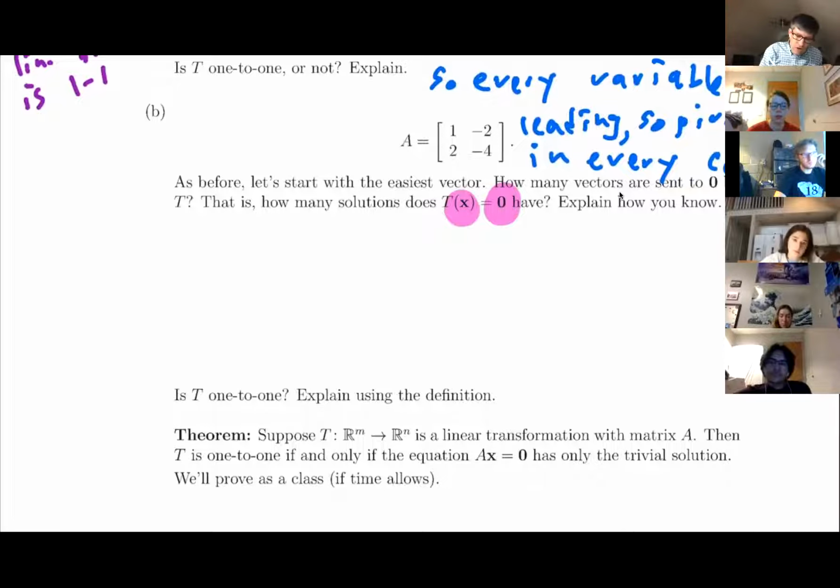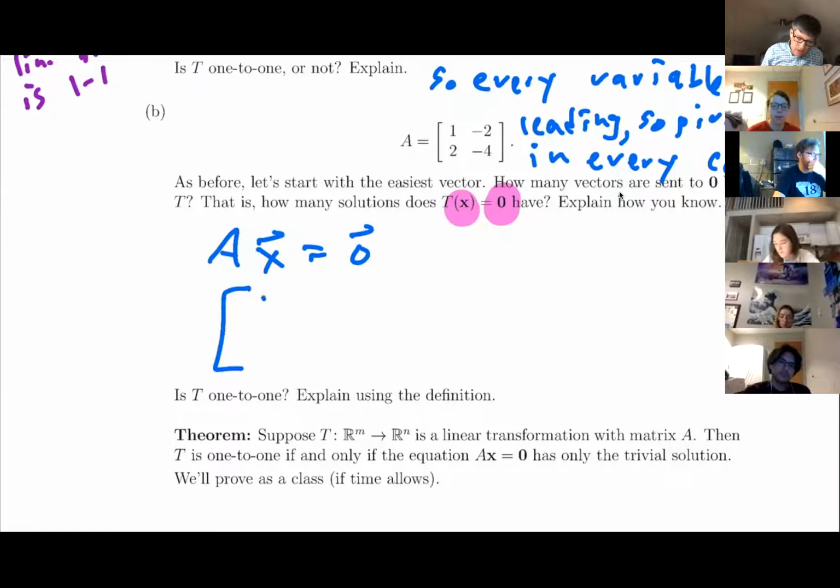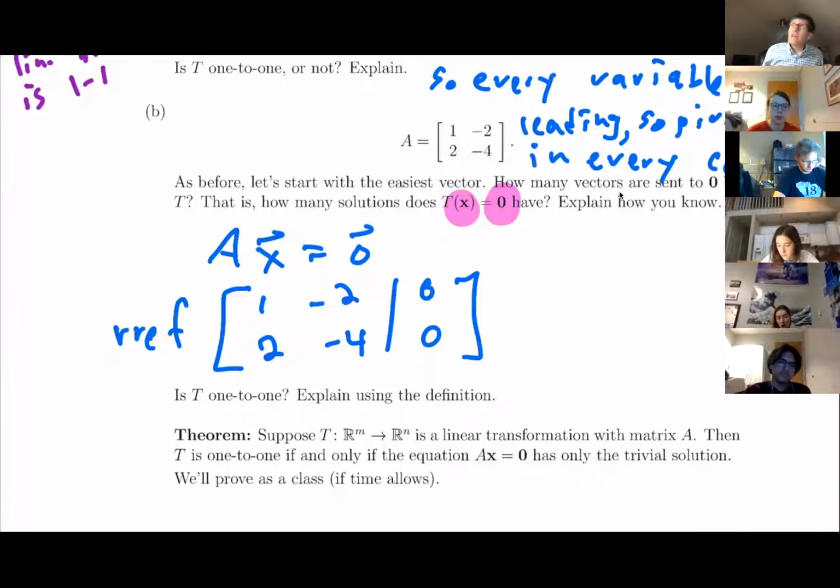So I'm looking at Ax = 0, and to solve it I would augment my matrix and do reduced row echelon form. I'm going to guess I get this, it turns out.